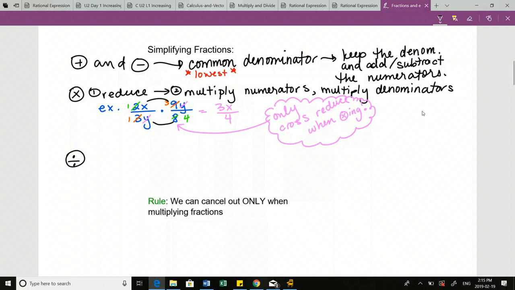Okay, when I'm dividing two fractions, I will take the second fraction and then I will flip it and change to multiplication and then I will follow the steps for multiplication. So flip the second fraction, or the bottom one, depending on how it's arranged.